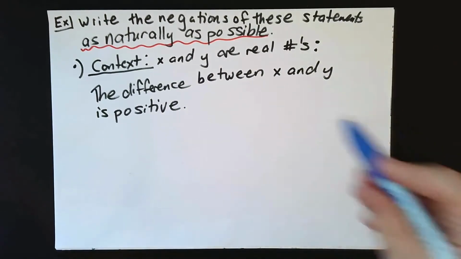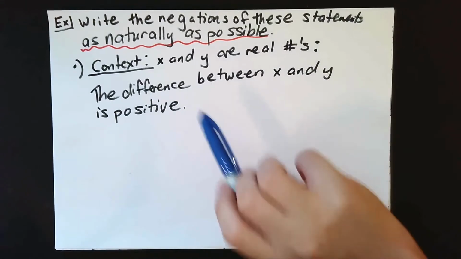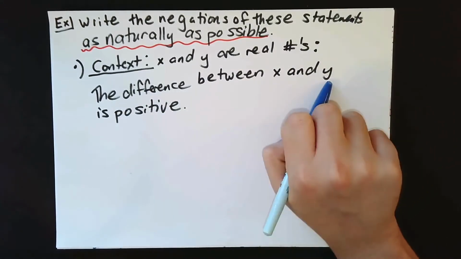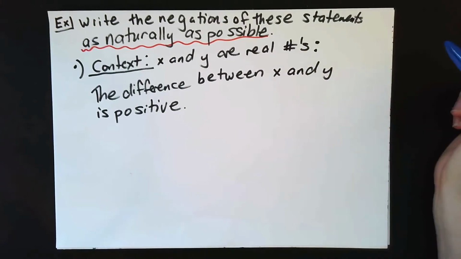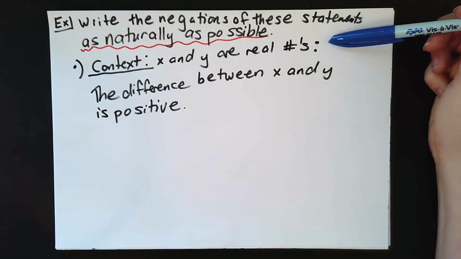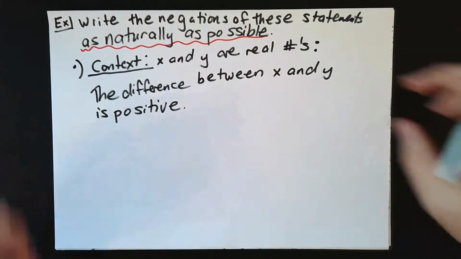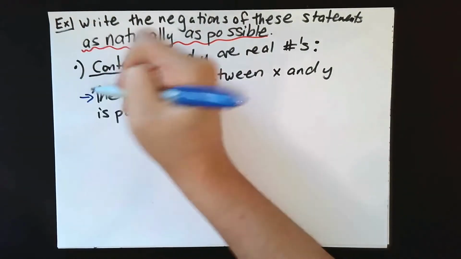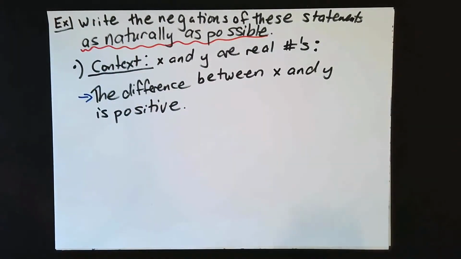But I find it's a little trickier if I just put like X is 5 and Y is 7. It's a little harder to think about negating the statement, the difference between 5 and 7 is positive or whatever. So you're going to see a context here. And then you'll have a single sentence statement. And so the goal is to write down the negation of this. Again, pause, try it, then we'll do it together.